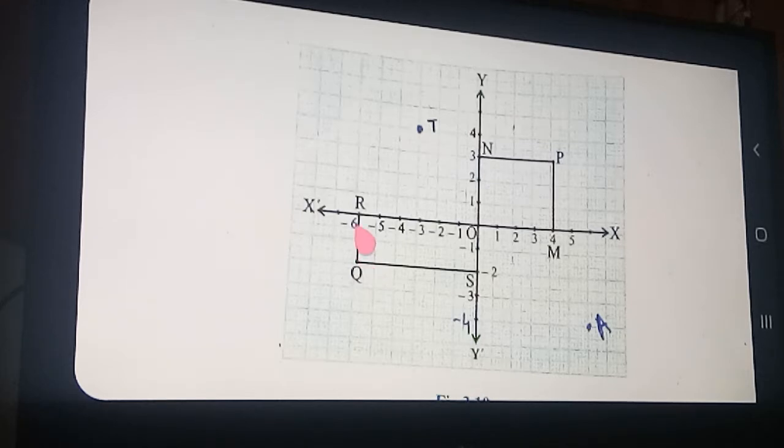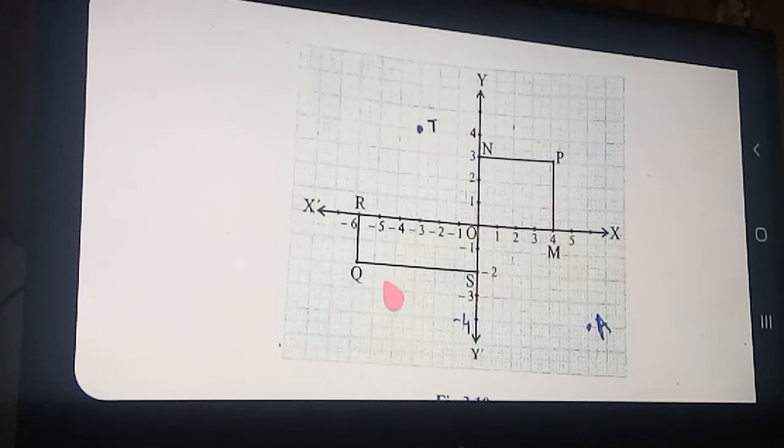The perpendicular from the point Q to the x-axis meets at the point minus 6. Therefore the x coordinate is minus 6, and the y coordinate is minus 2. Therefore the coordinates of this point Q are (minus 6, minus 2).